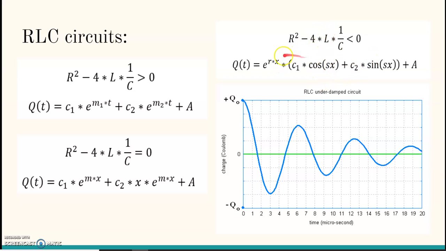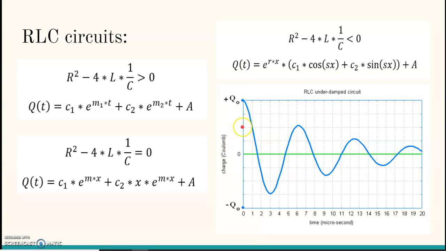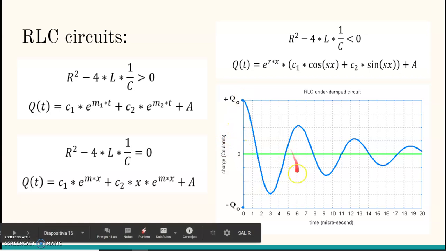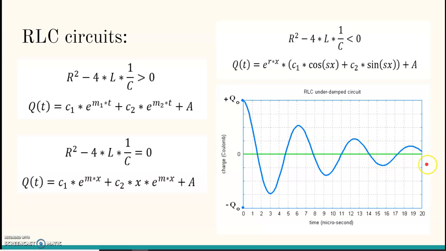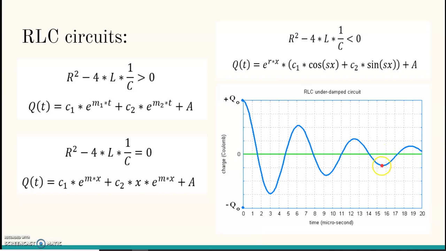One example of this expression is this graph, which tells you that the charge in this circuit will go down, alternating between values below 0 and over 0, and it will decrease in an exponential way. But the good part about this is that this is converging over time.